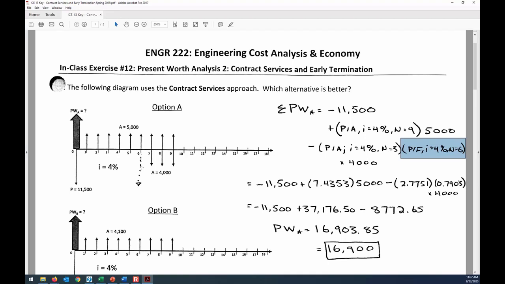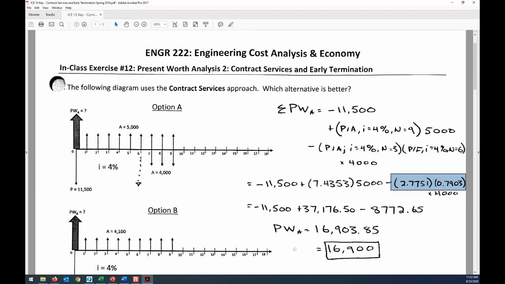It's a single amount at year 6, and I need to take it to year 0. So I'll do find P given F, 4% interest, n equals 6. All right, so I'm multiplying it by 2 consecutive factors: the find P given A factor, and then the find P given F factor.